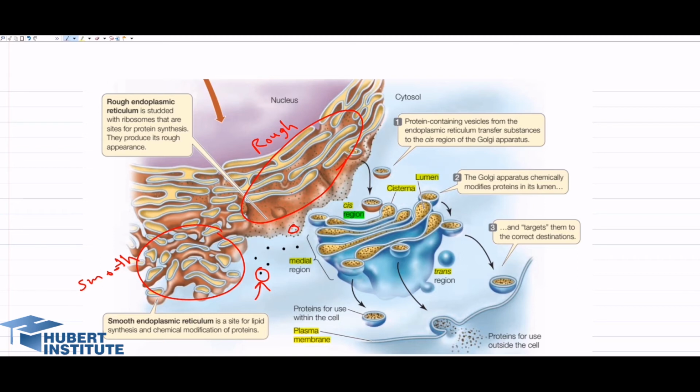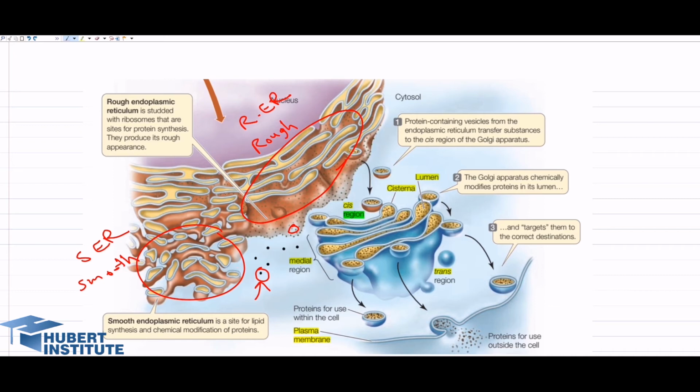So this region, where you have many attached ribosomes and which looks like flattened sacs, is the rough ER, or RER for short. And then there is another region without ribosomes, which is more tubular, called the smooth endoplasmic reticulum, or SER.